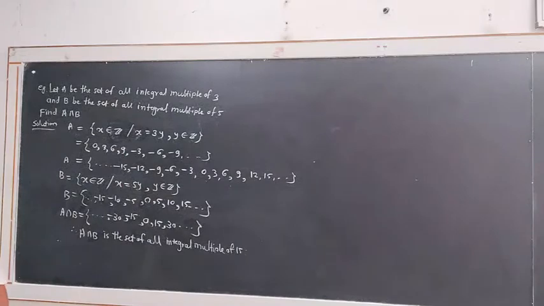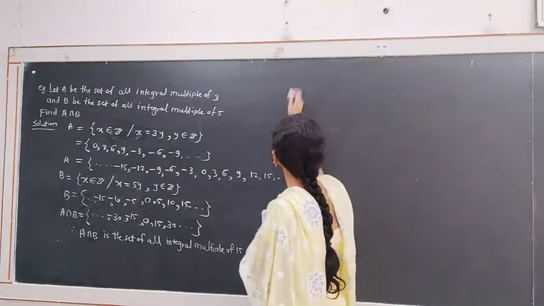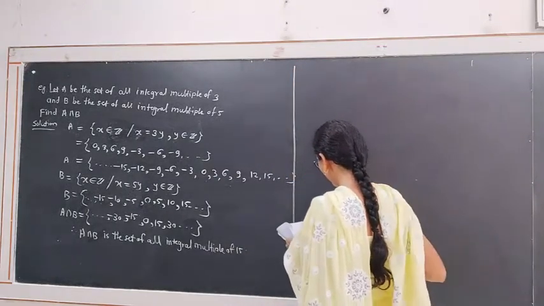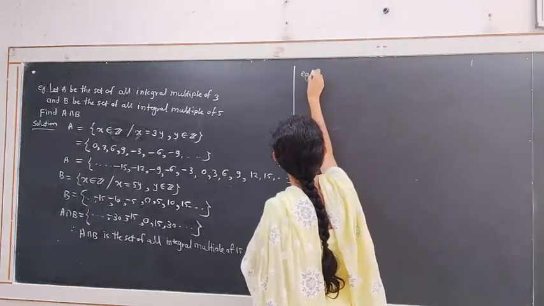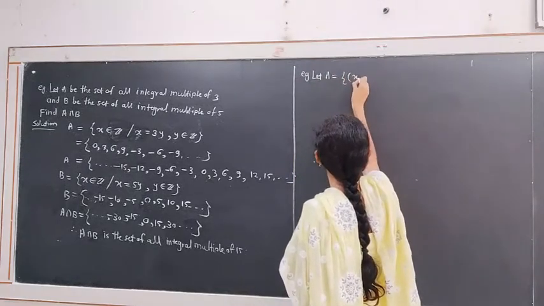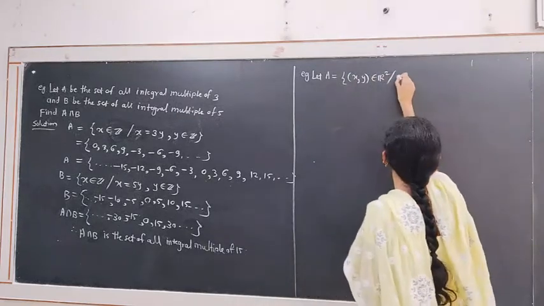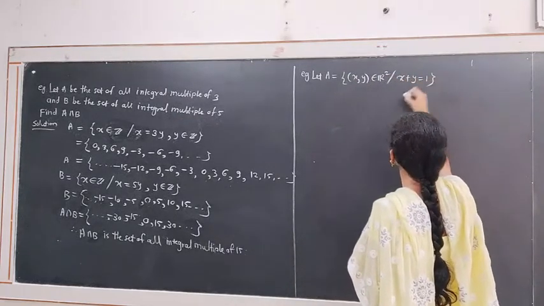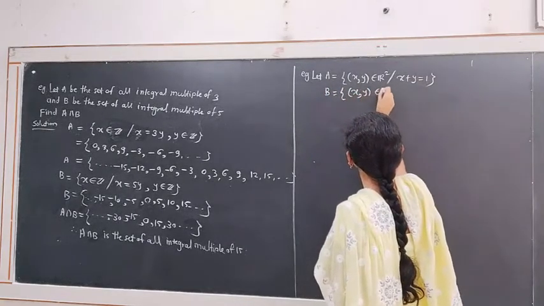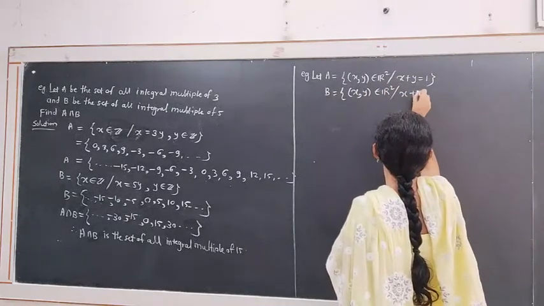We take the next example. Let A be the set of all ordered pairs where x plus y is equal to 1 and B set is again the set of all ordered pairs in R2 where x plus y is equal to 0.